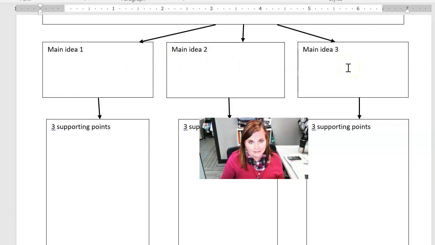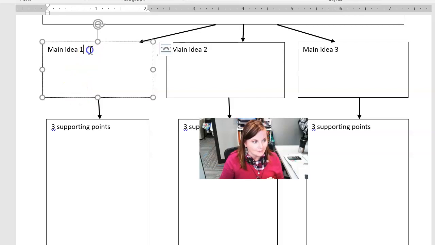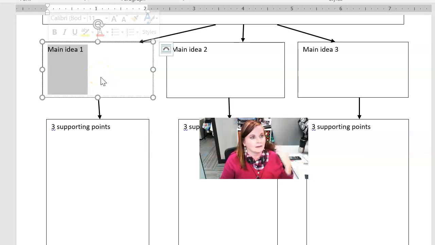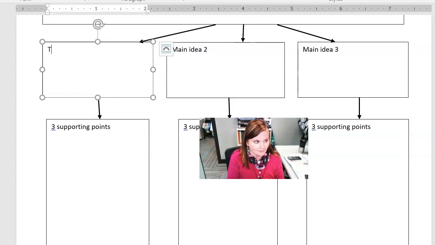Let's say I did some research on monarch butterflies, because you guys know that I do a lot with monarch butterflies. Maybe in my main idea 1, I will discuss the life cycle of the monarch butterfly here.